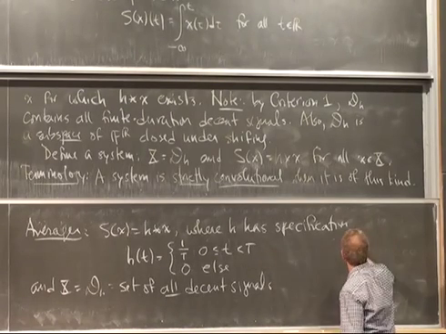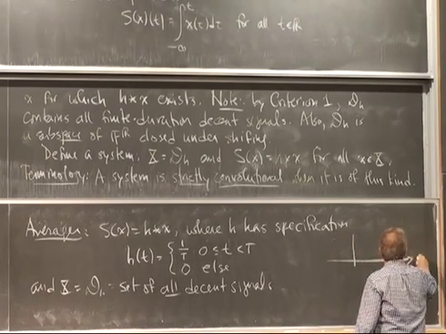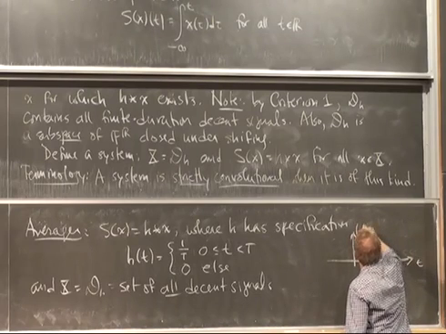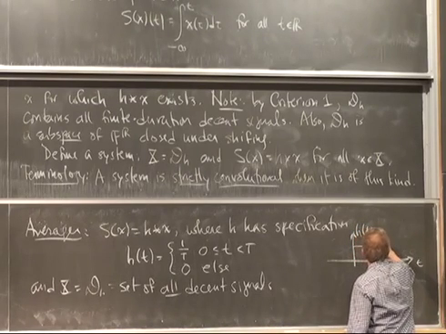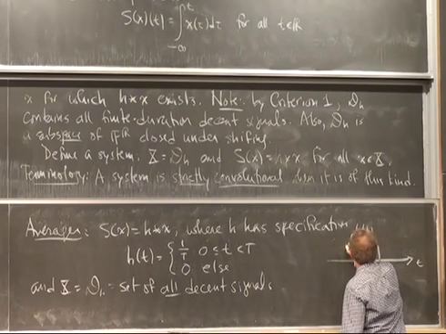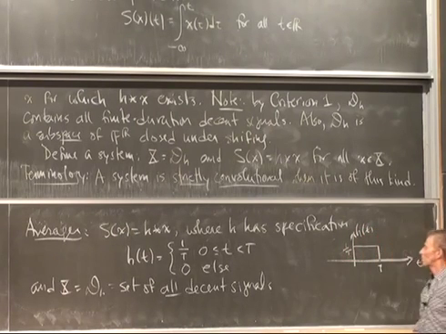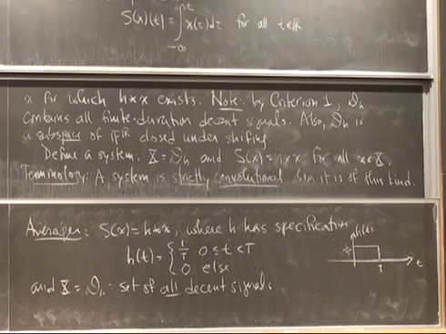What does this h look like? Looks like this. It's 1 over T for a while, and it's 0 otherwise. So Y is every decent signal convolvable with that h. It has finite duration. Just drill that into your firmware or whatever you have in there: every finite duration decent signal is convolvable with every other decent signal.